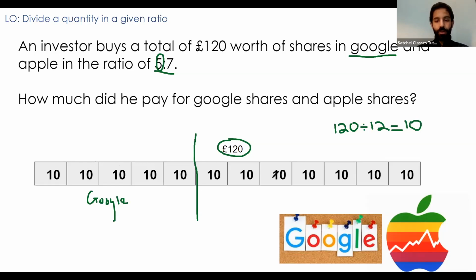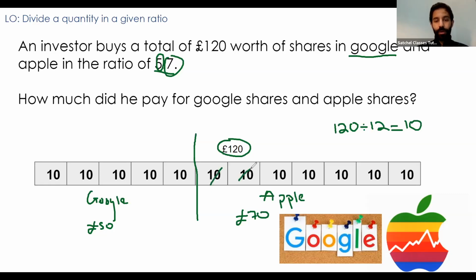And 1, 2, 3, 4, 5, 6, 7 parts for Apple. So in total, we can see that the investor paid £50 for the Google shares and £70 for the Apple shares.